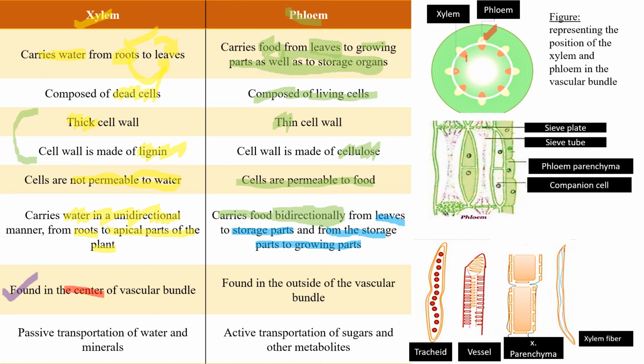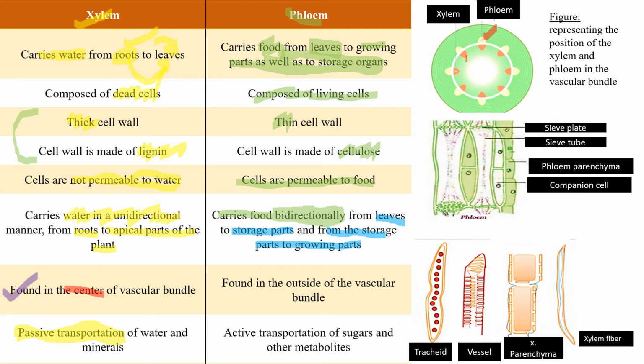Next is what type of transportation it carries out. In the xylem, it is passive, no energy is required, and transportation of water along with minerals takes place. There is no energy involved here. No ATP molecules are needed to transport water from roots to the apical parts of the plant.